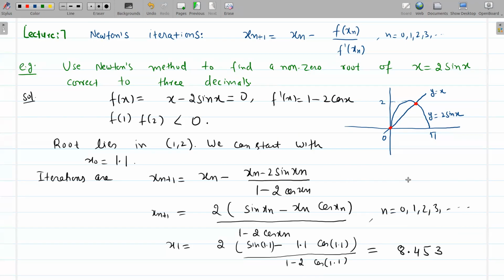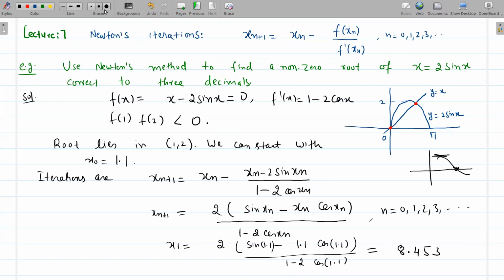It may happen in Newton's method that, let us say, 8.453 is the root and I am starting from here. Then the tangent will be parallel to the x-axis, and the derivative would be almost 0. And we will see that this is in fact the case in this example.